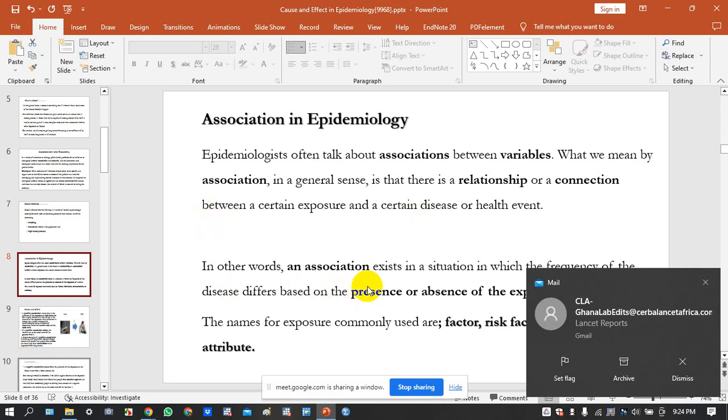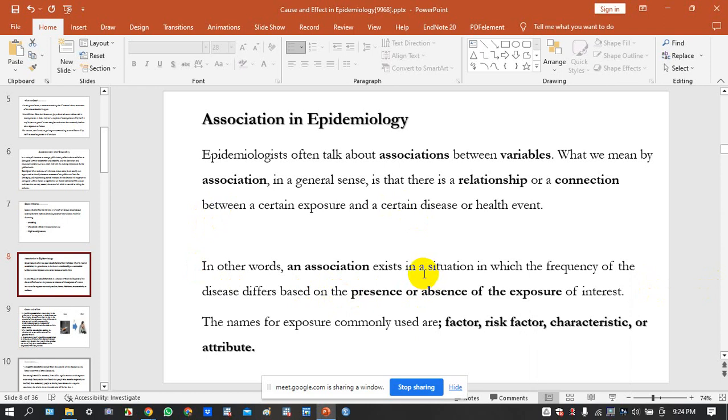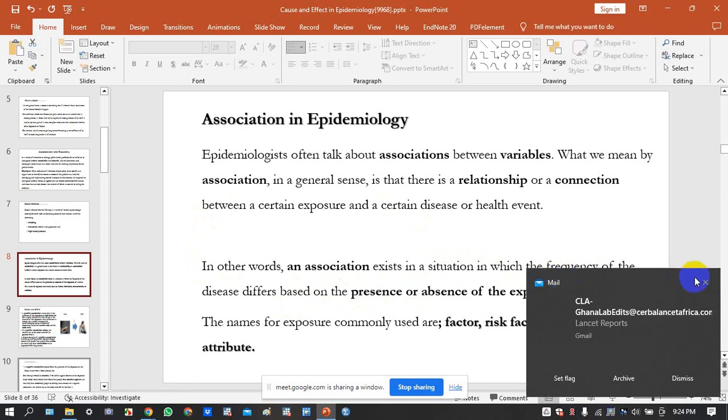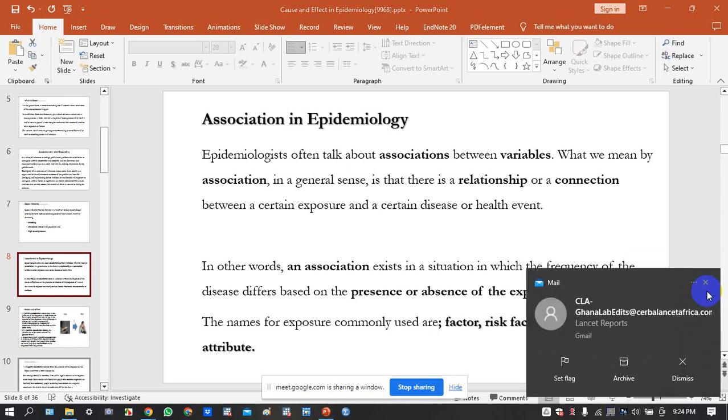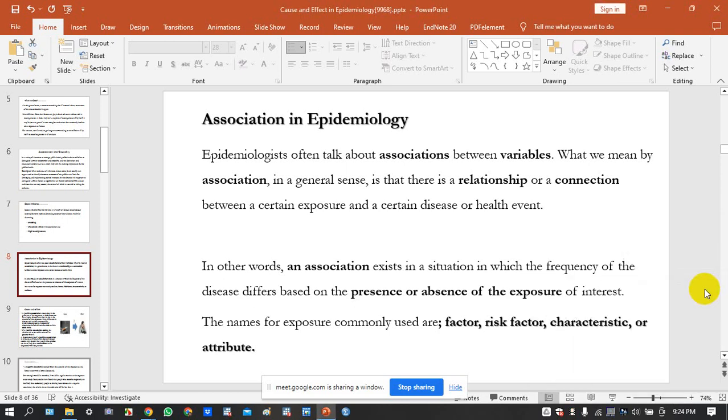So in other words, an association exists in a situation in which the frequency of the disease differs based on the presence or absence of the exposure of interest.